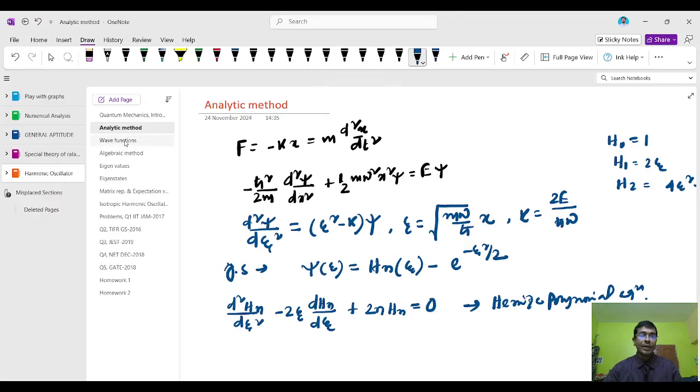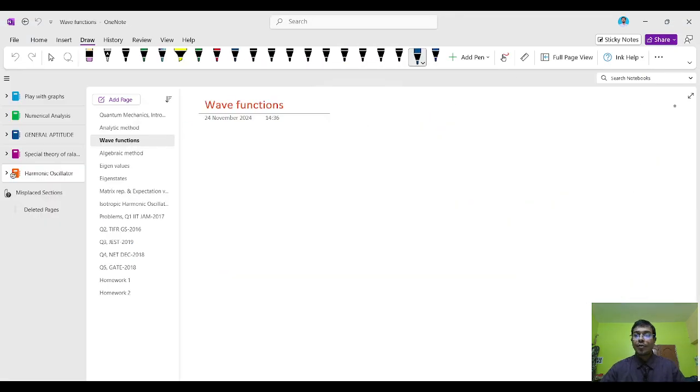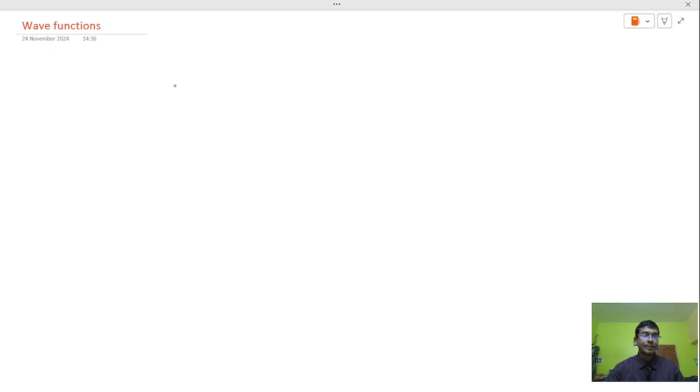After that, for drawing the wave functions, we plot the ground state and the other states.